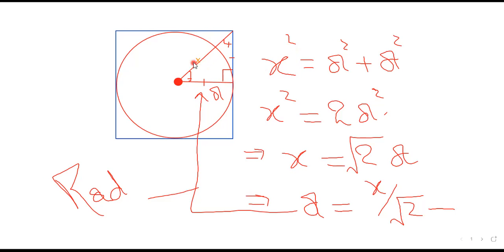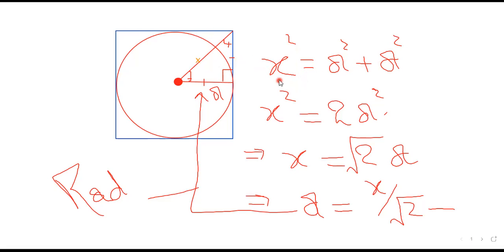So x square is the hypotenuse of this right angle triangle. And this is one side, and the other is also equal to a. So that's why a square. Are you getting this?